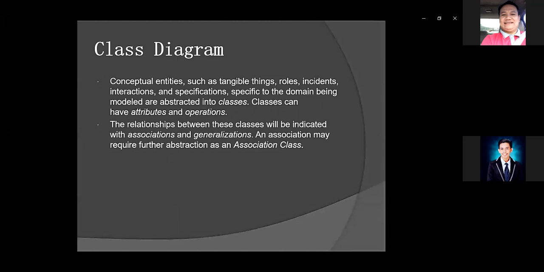Classes can have attributes and operations. The relationships between these classes are modeled with associations and generalizations, and an association may require further abstraction as an association class.